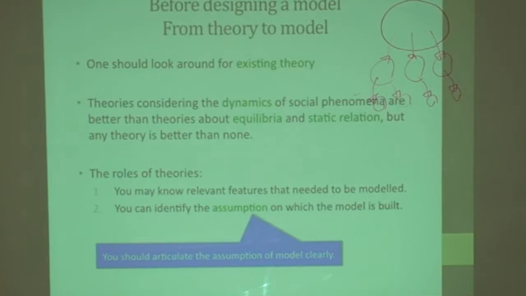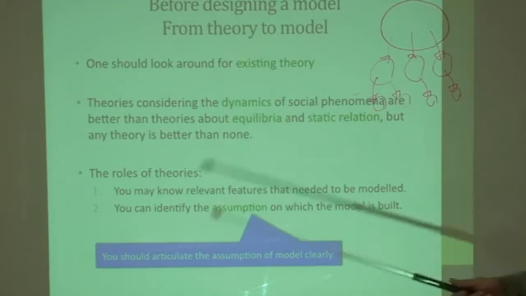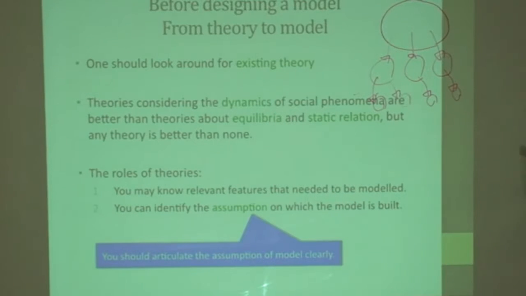Before designing a model, one should look around for existing theory. Theories concerning the dynamics of social phenomena are better than theories about equilibria and static relations. But any theory is better than none. Why should you look around for existing theory? Because of the uses of theories.